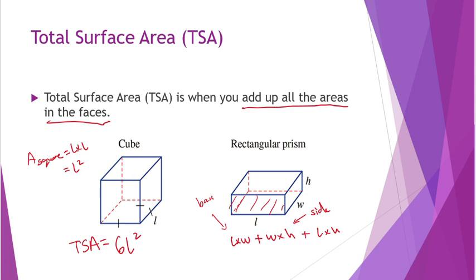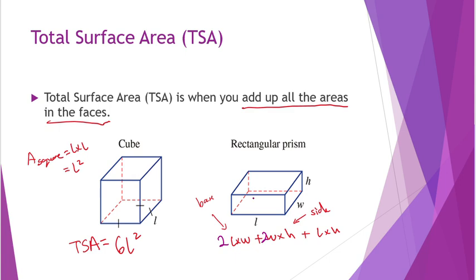Looking at this diagram, you've got the front side and then the back side here. So there are actually two of those specific areas that you'll be finding. Make sure you put a 2 in front. For the side, width times height, you've got the side there, but you also have the side here, so you also need to multiply this by 2.